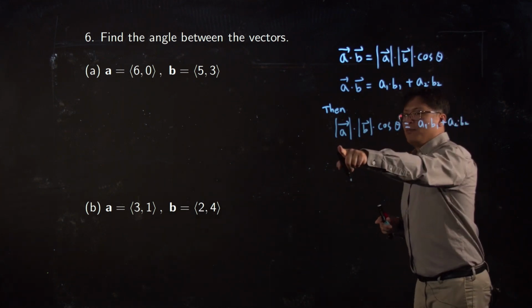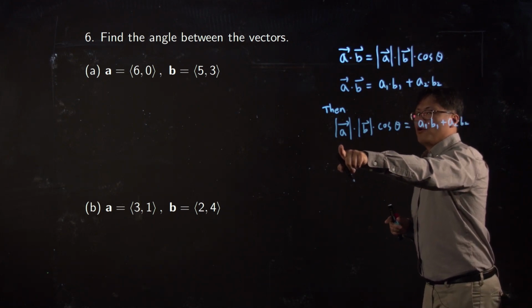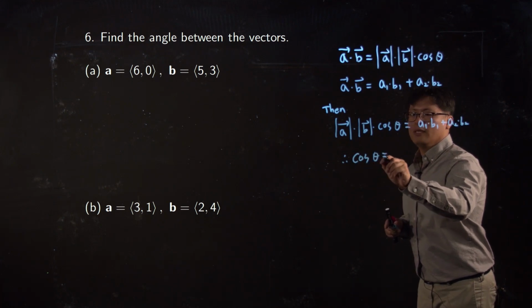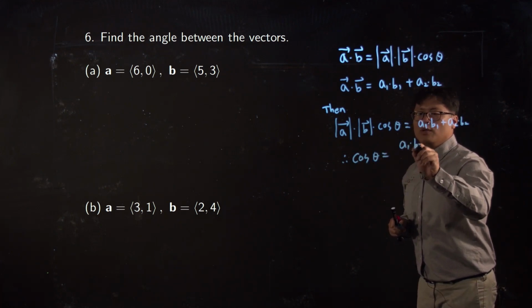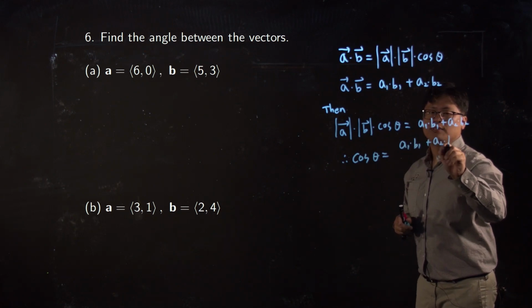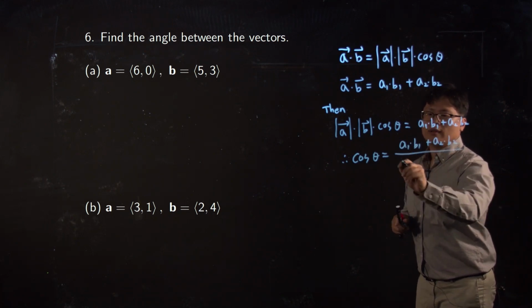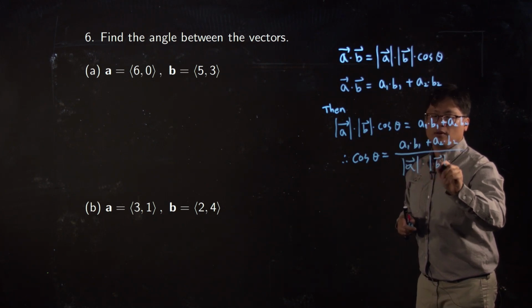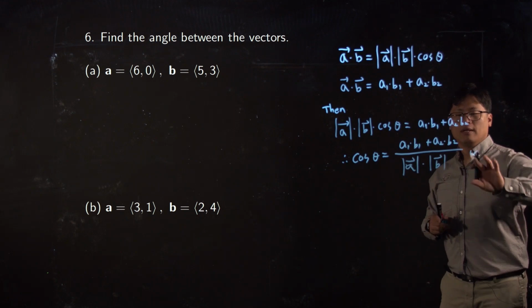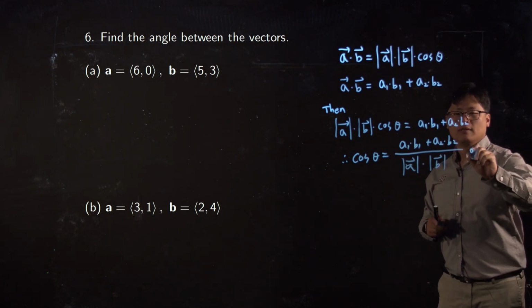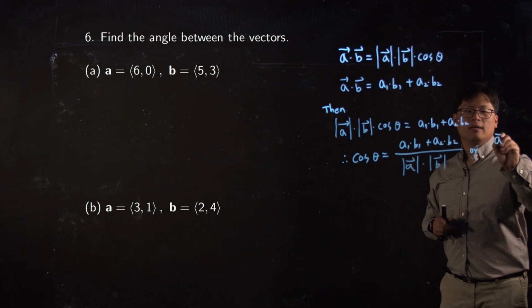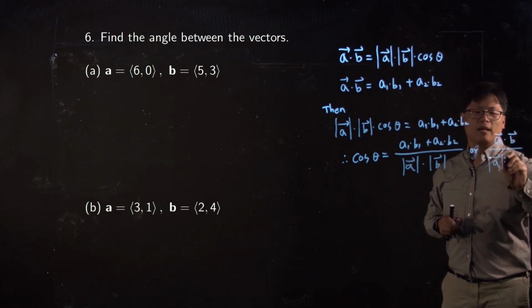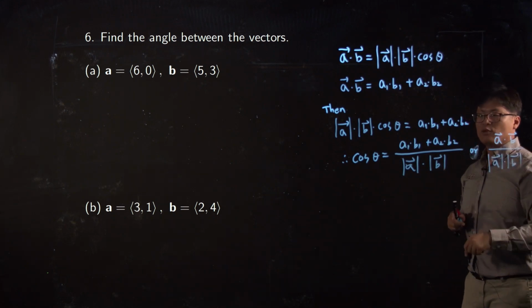If I divide by the length of A and the length of B, then I can write cosine theta equals A1 times B1 plus A2 times B2 over the length of A times the length of B. Or we can write simply A dot B over the length of A times the length of B. This is cosine theta.